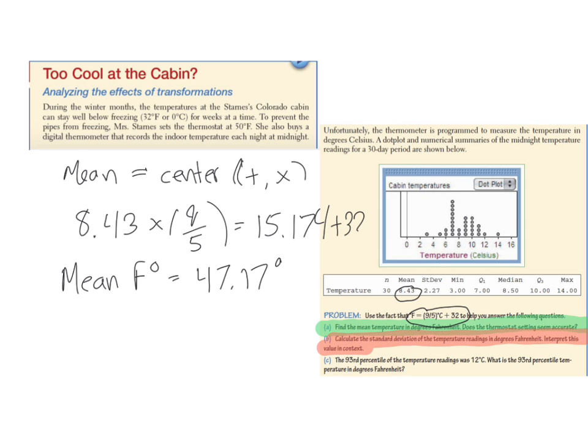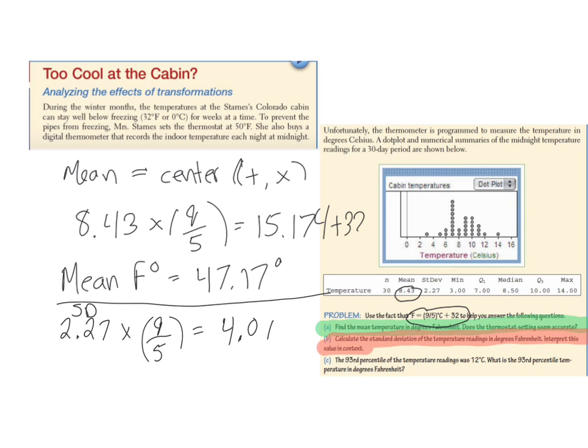So in this case, our standard deviation is 2.27. We're going to multiply that by the transformation that's taking place, 9/5. Again, we get that from the formula. So we take 9/5 times 2.27, and we get the new standard deviation, 4.09, which is the standard deviation in Fahrenheit.